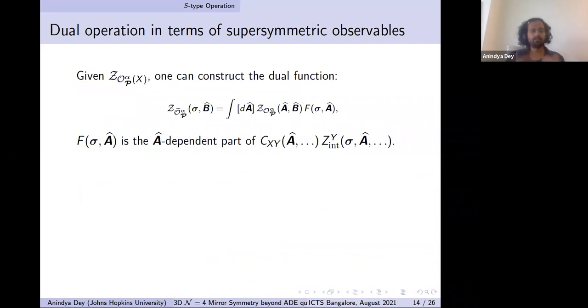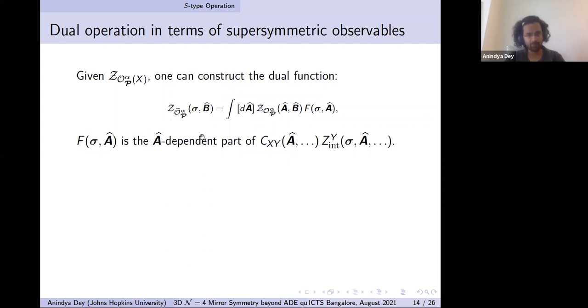All right. So now, given Z_OP, I can define a dual function, which I call Z_O tilde T, and that is given by an integral over Z_OP with this extra function F sigma A hat, which is the A hat dependent part of this integrand. So in the simplest case, this dual function is simply a Fourier transform. Now, in more complicated situations, it's different, but the basic case would be that of a Fourier transform.